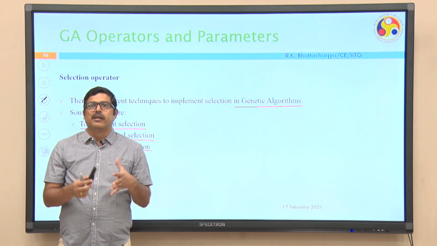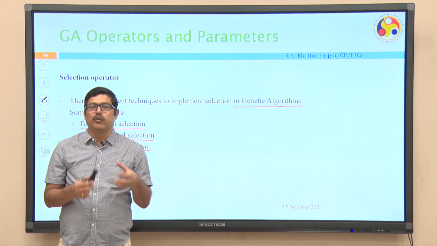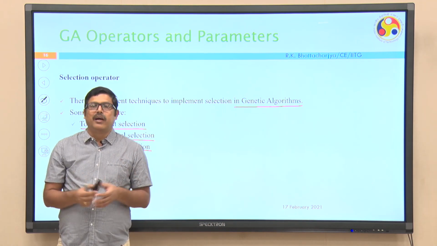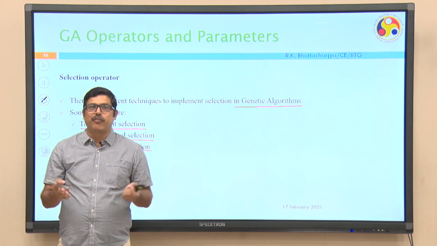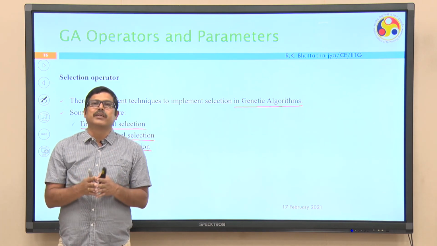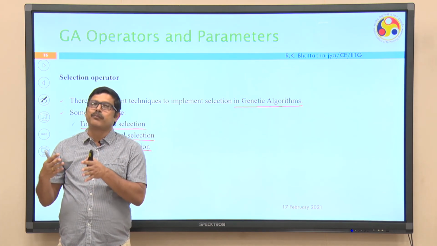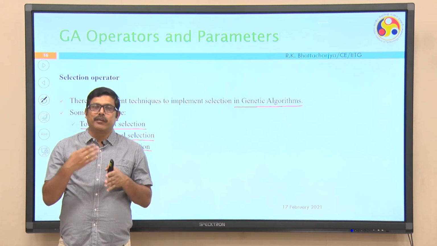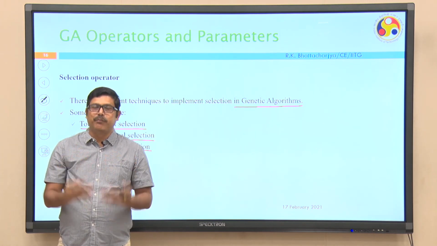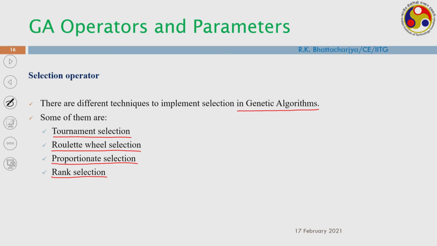So, that is the function of the selection operator. You can have different techniques, but the objective is to eliminate the inferior solution and get multiple copies of the better solution. Okay. So, I will discuss one by one.